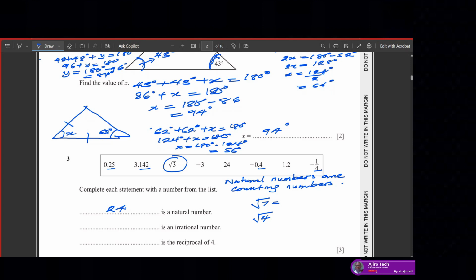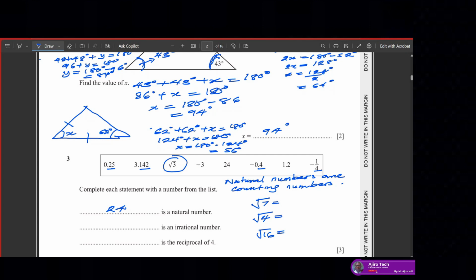Is root of 4 irrational? No. Why? Is it because it's an even number? No, because 4 is a perfect square, and root of 4 is an integer, such that you won't have a decimal. Check that on your calculator. What do we have? Root of 4 is 2. So how about root of 16?